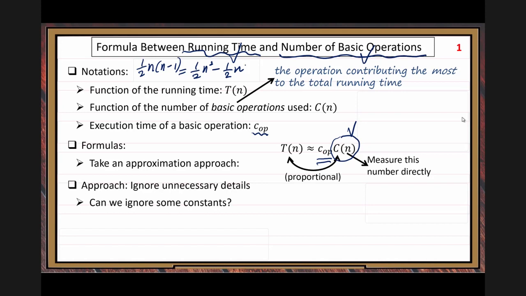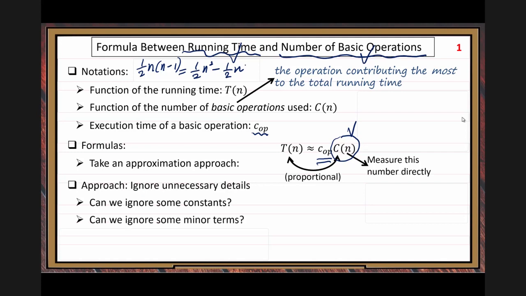So let's look at this question first. Can we ignore some constants but still get the most important part of the function? We don't want to change the nature of the function. We still want to grasp the nature of the function, but we want to ignore some less important factors.